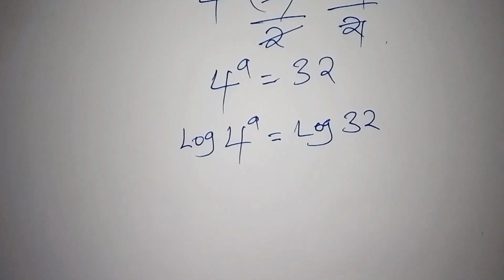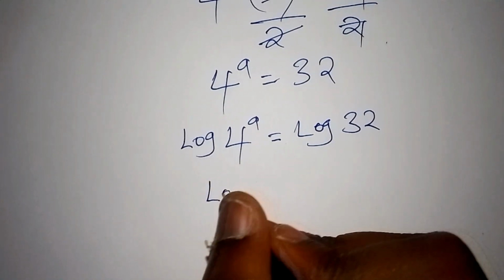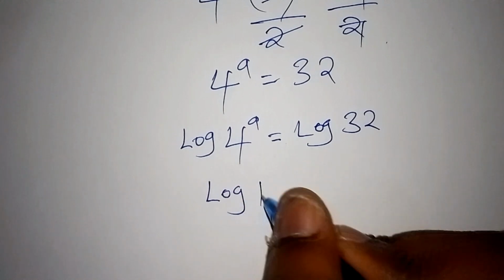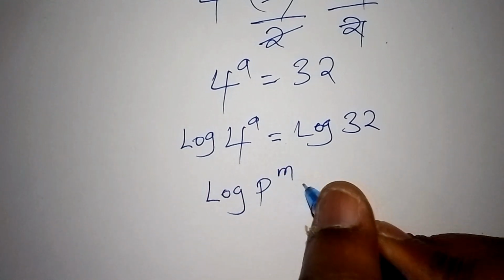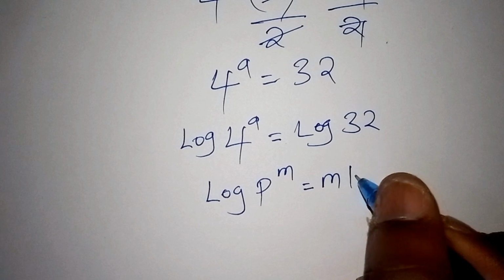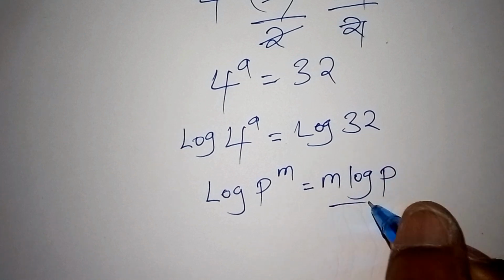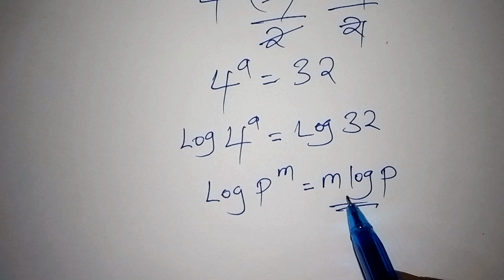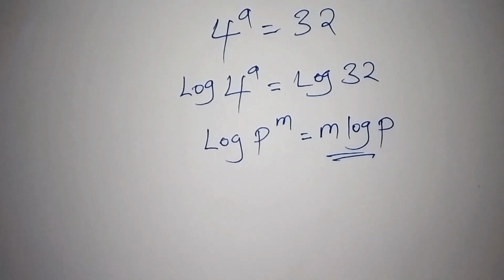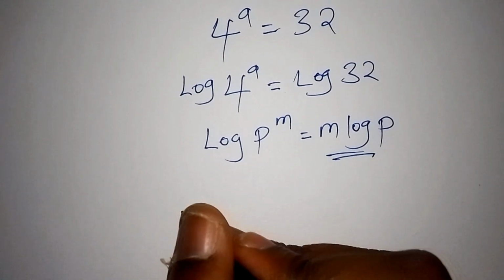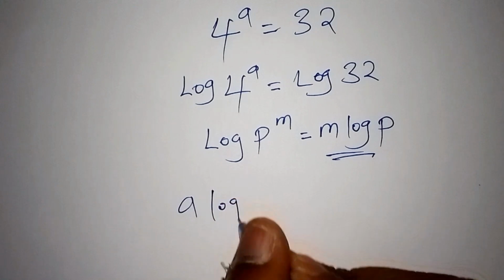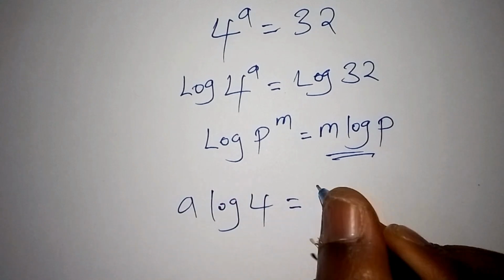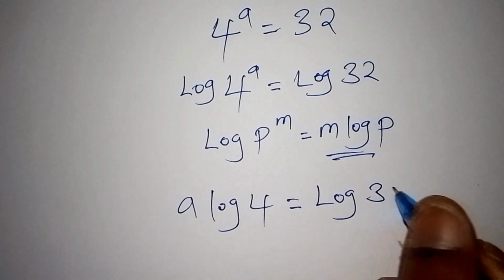We all know that when we have the log of p to the power of m, this can also be written as m log p. So I want us to express the log of 4 to the power of a in the form of m log p. So here we shall have a log 4 is equal to the log of 32.